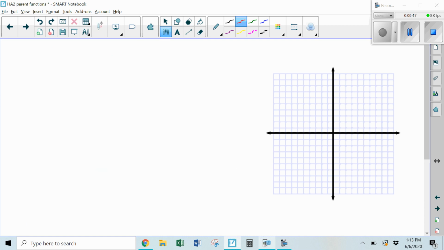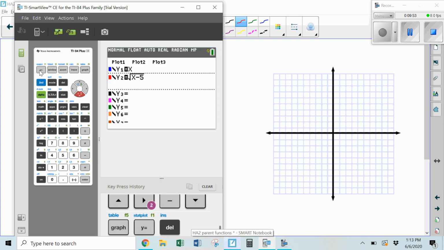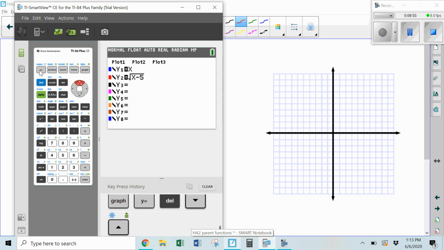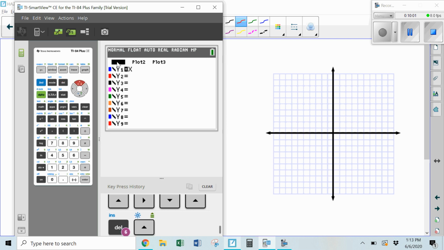Now, let's talk about other things that could happen with our graph. Let's go back to x squared. So for y1, go ahead and put x squared.